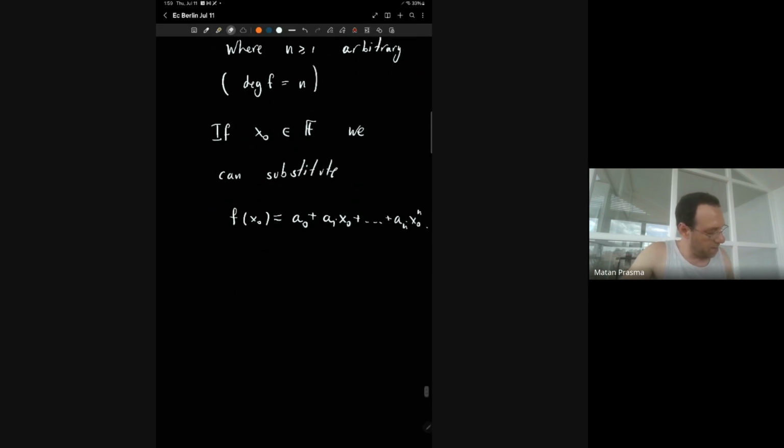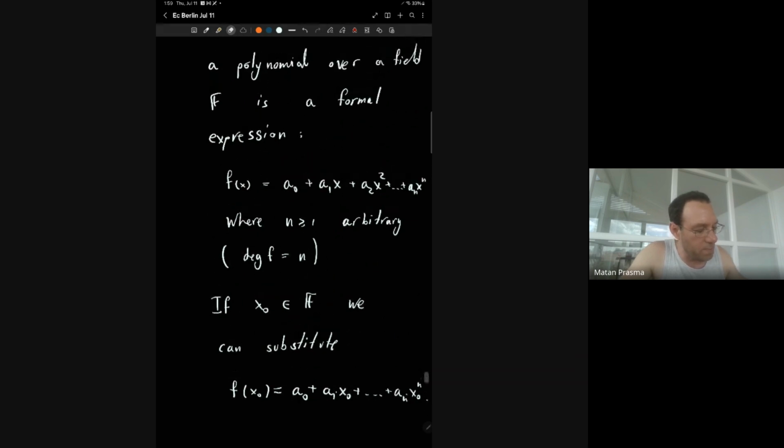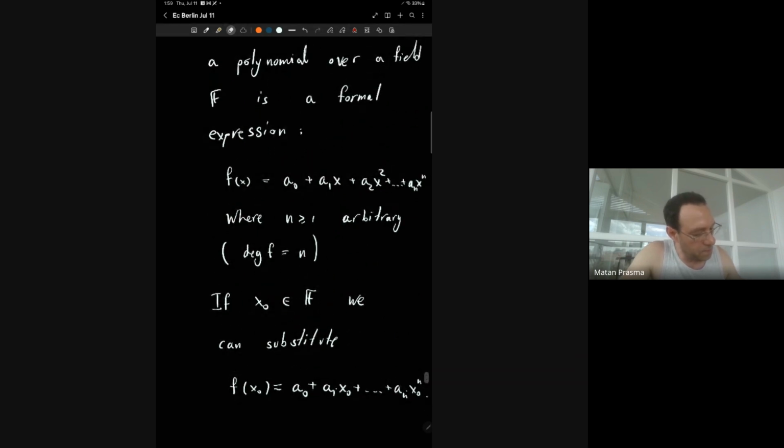Of course, this is a polynomial in one variable, one variable that is x. But we can do the same trick with two variables, let's say x and y.